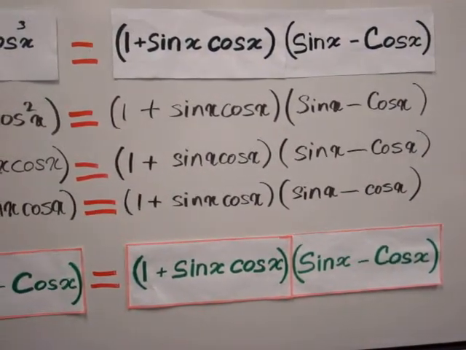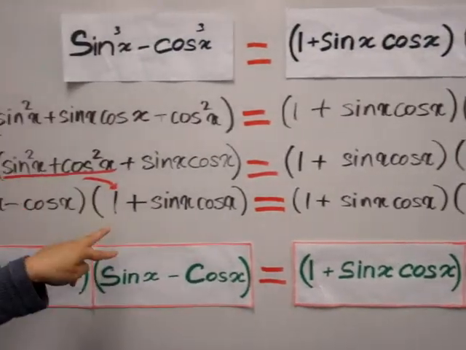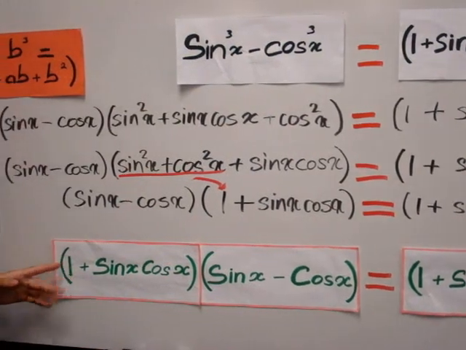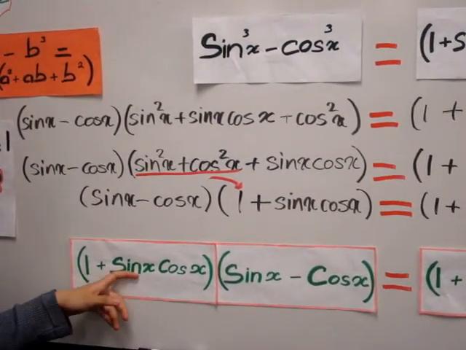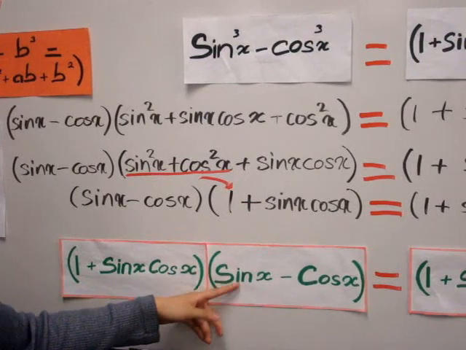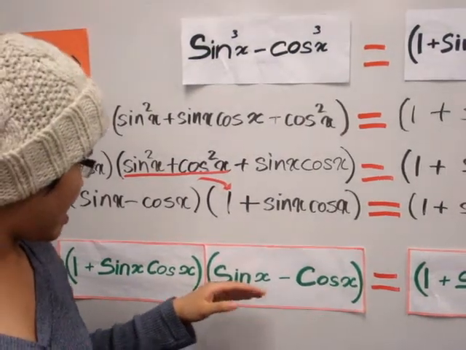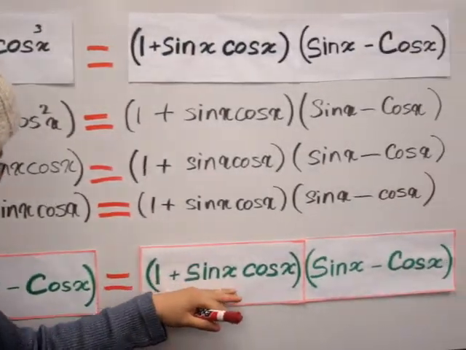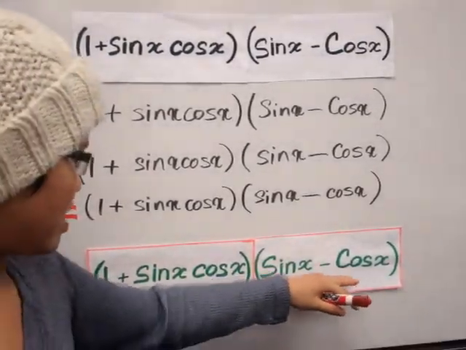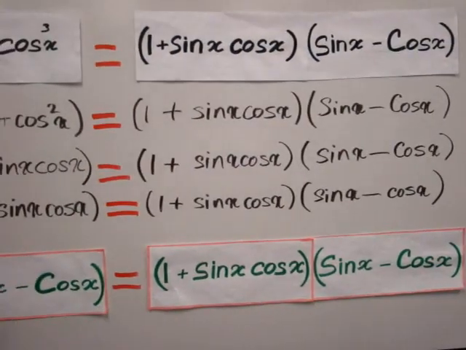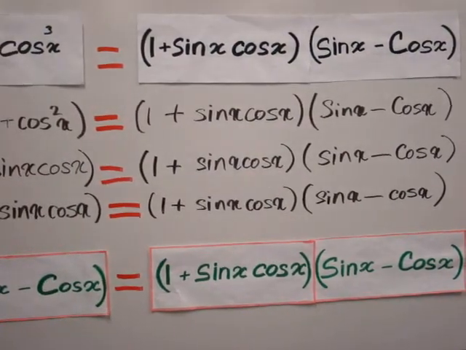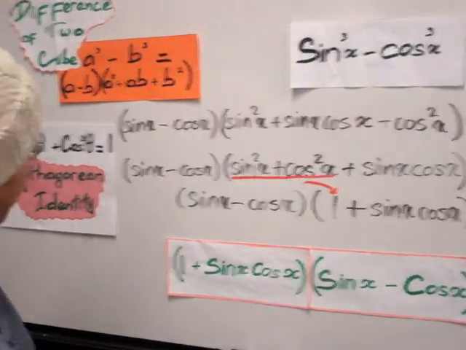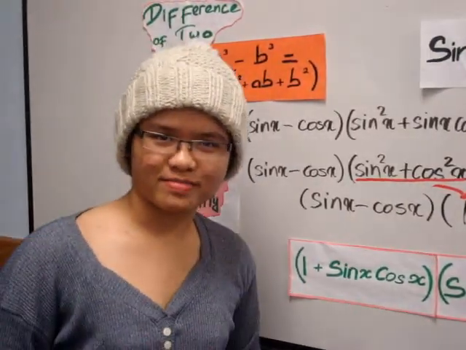We just switch both of these, and we have the solution: 1 plus sine x cosine x times sine x minus cosine x equals 1 plus sine x cosine x times sine x minus cosine x. And that is what we need to do to verify the problem. Thank you for watching. Mahalo.